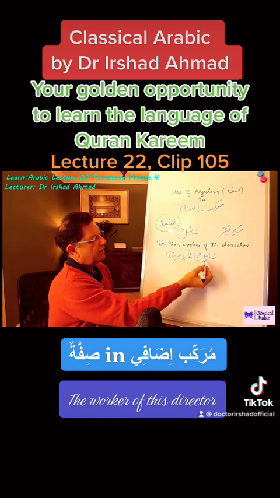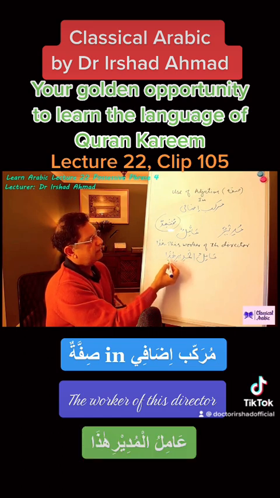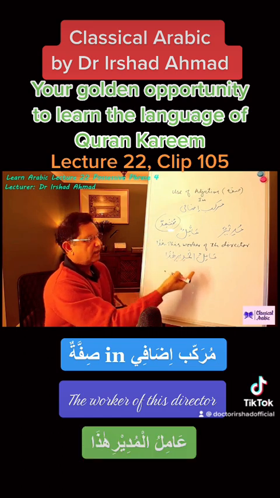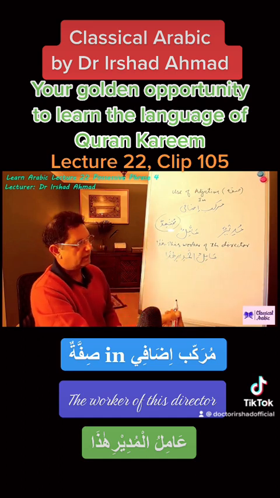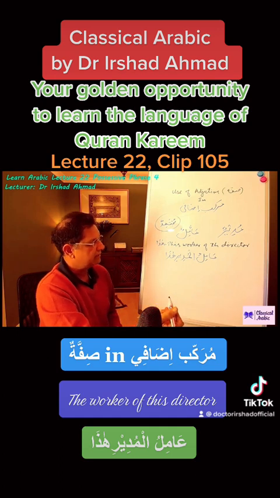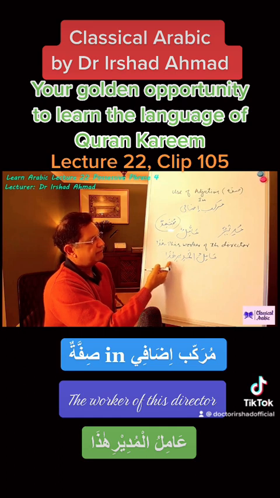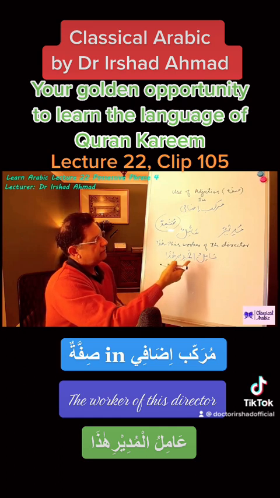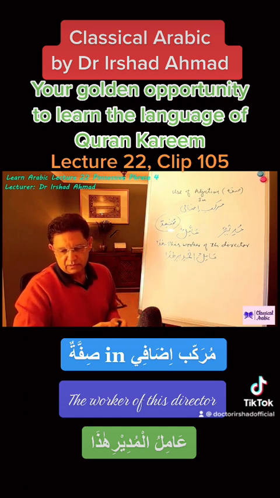So amilul mudiri haza. So haza has to come after the construction. If we bring it before the construction, it becomes mubtada, and the meaning changes completely. It becomes a jumla, it becomes a sentence. So amilul mudiri haza, this worker of the director. So that's what it will be.